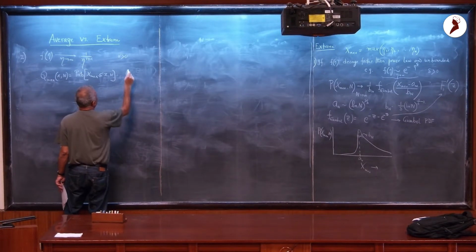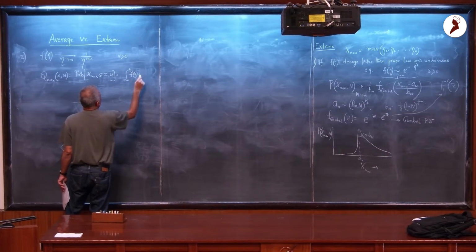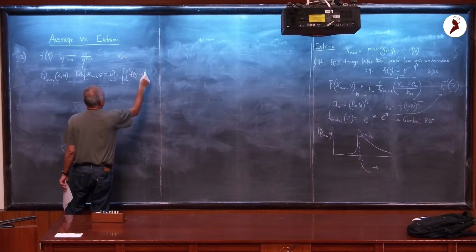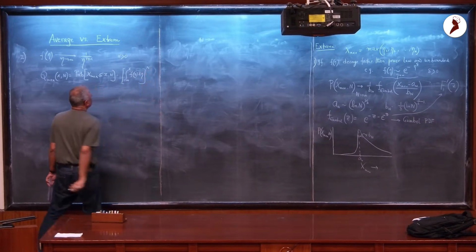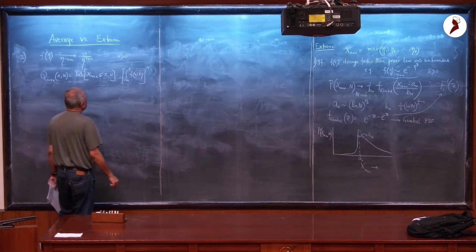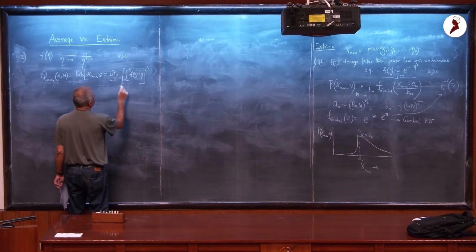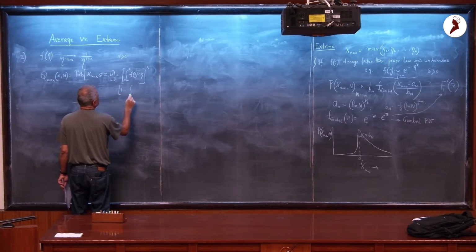So therefore, we wrote this as 1 minus x to infinity, using normalization of f eta.